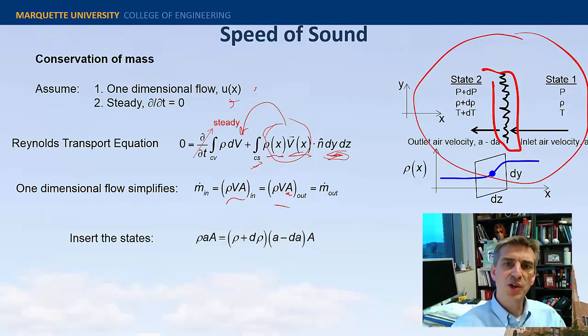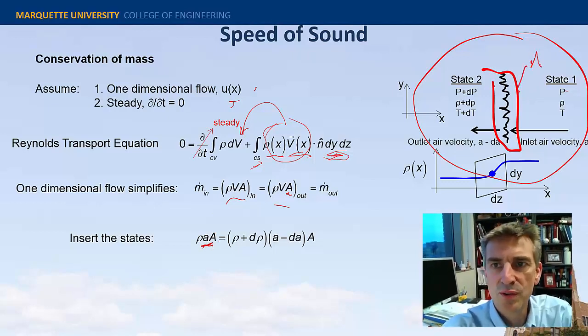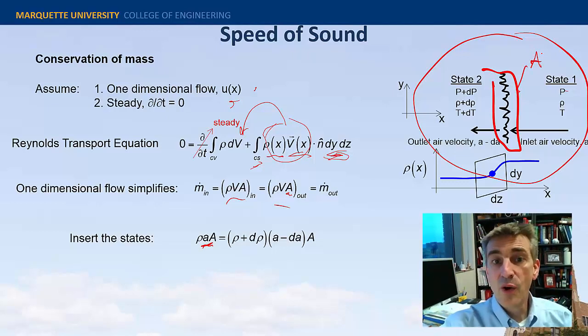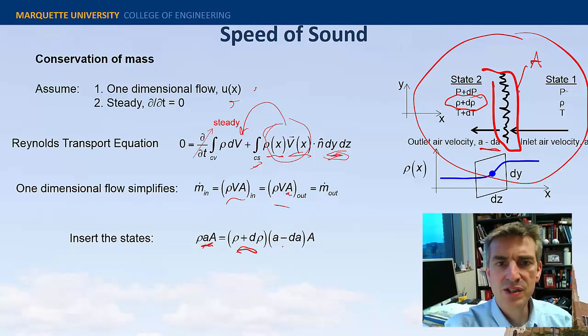All right, so we then insert the states, right? So on the inlet side, you just have ρ times a times A. The density is ρ, the velocity is a, and the area is A. This is the area here of the control volume, right? Now on the outlet side, the density has changed, ρ plus dρ, so that's that. And then the velocity, we just assumed it to be a minus da, so there's the velocity.